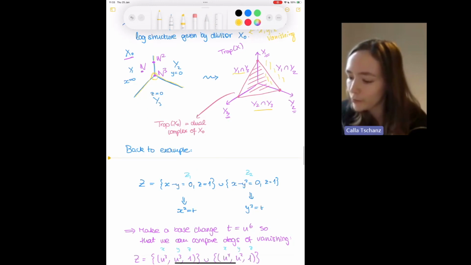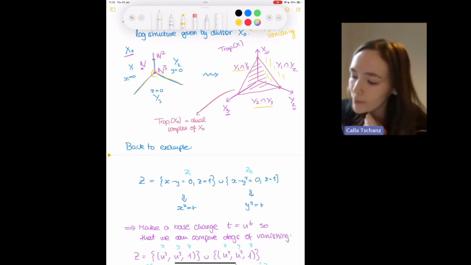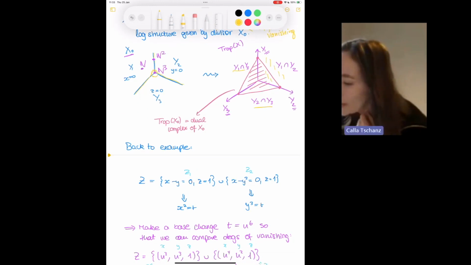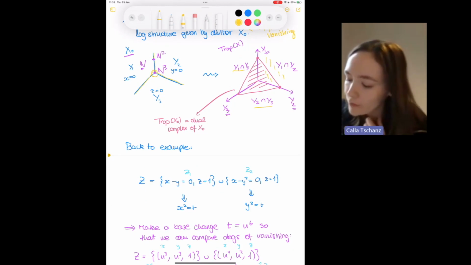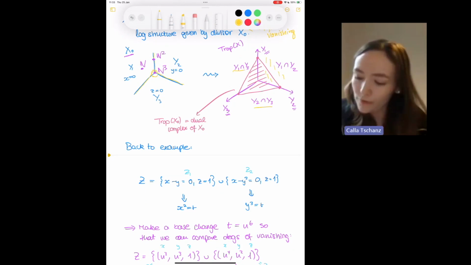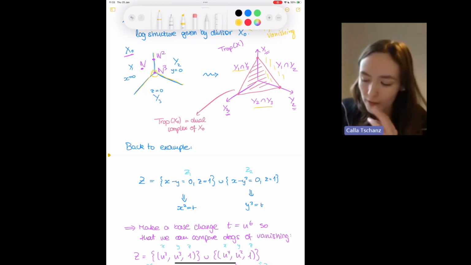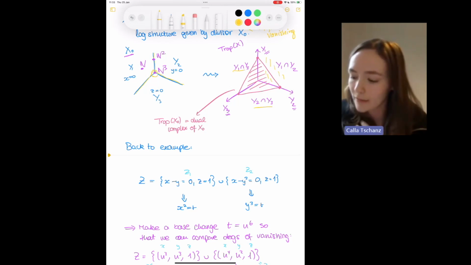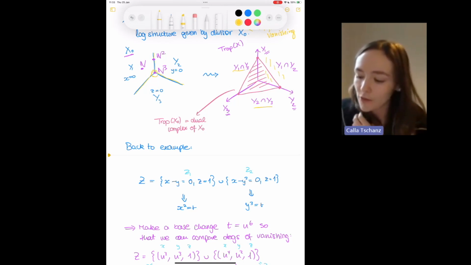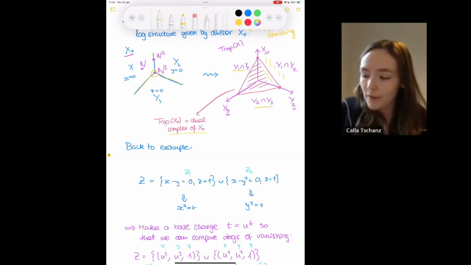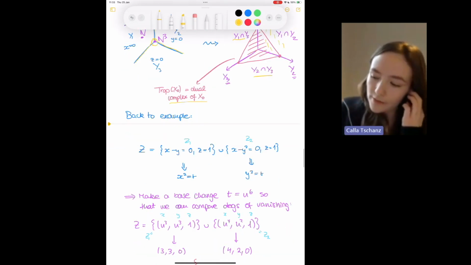I'll explain a little bit more in a moment about this. And if you're familiar with talking about the dual complex of something, then the triangle here is just the dual complex of this special fiber x0.